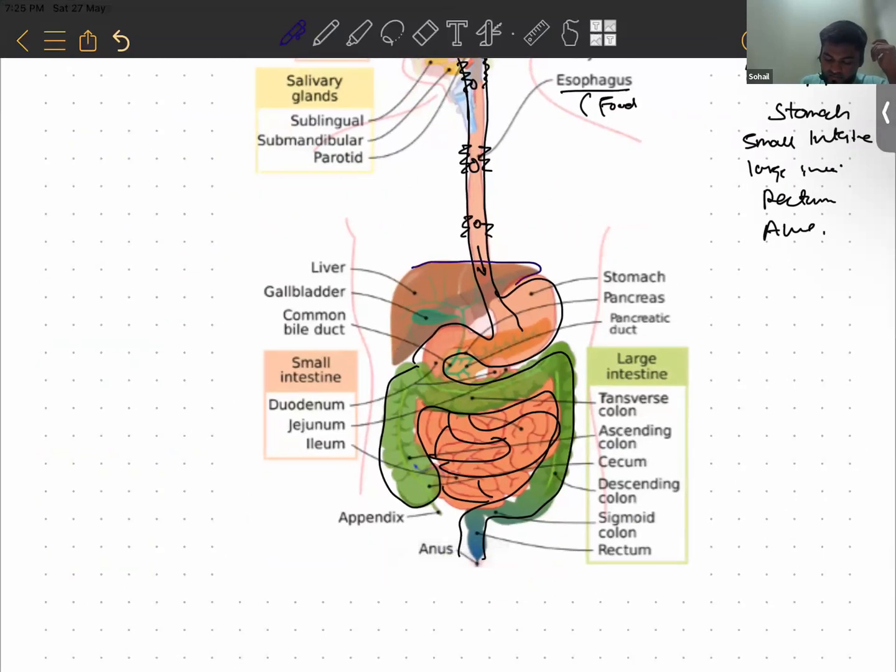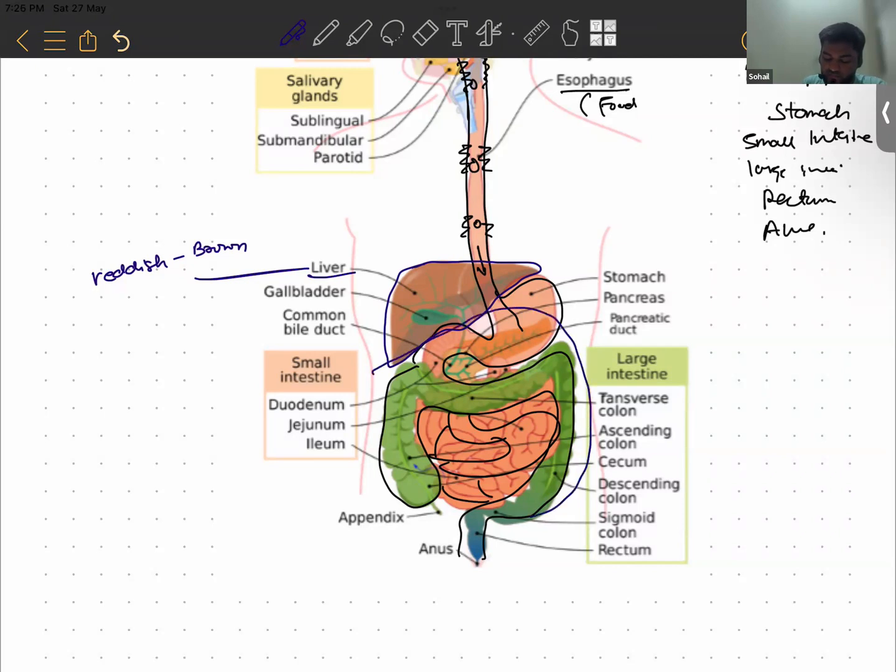This is the diagram of the liver here. It is a reddish brown gland situated in the upper part of our abdomen, on the right side of the body.